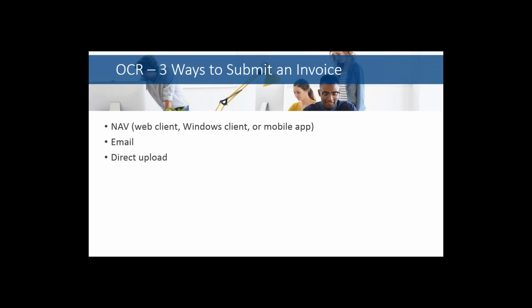So that's pretty powerful. No opening envelopes, no paper comes in your door. It's all the image of the invoice that's sent either by you or by your vendor to the service. And then you can do a direct upload on the back end to the service as well.